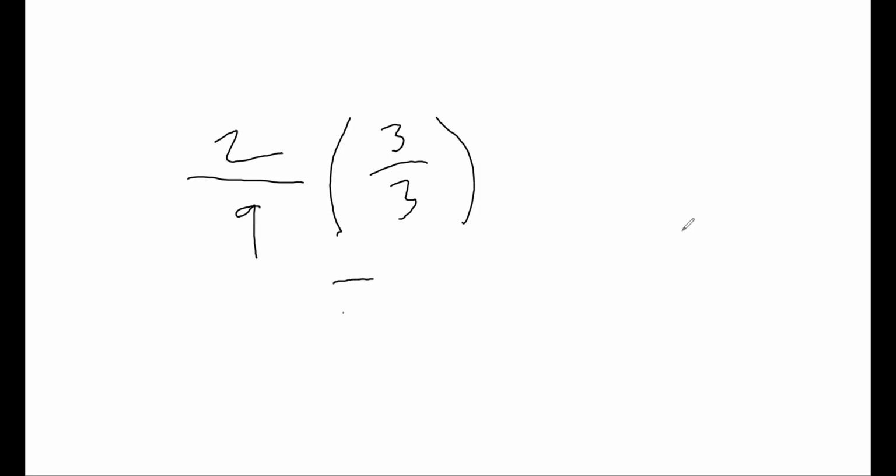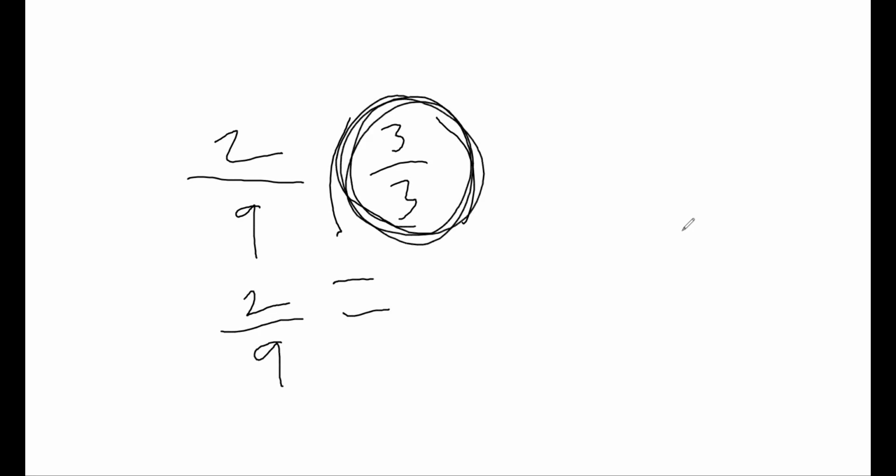It's going to equal the answer. So whatever you're multiplying by, anytime you're multiplying by a whole number like 3/3 or 1/1, 2/2, your answer is going to be the same. So 2 times 3 is 6, and 9 times 3 is 27, meaning 2/9 equals 6/27. Do problem D on your own.